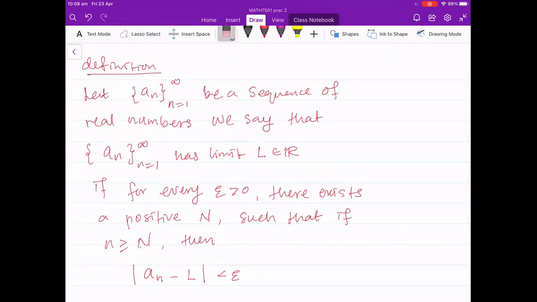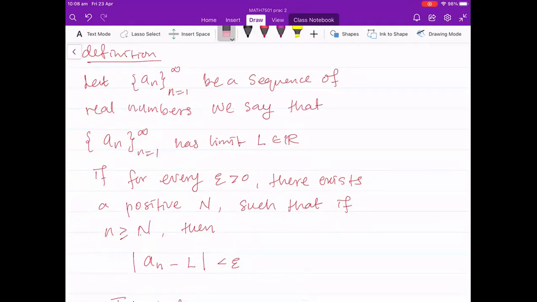So this is the definition of the limit of a sequence, a convergent sequence.